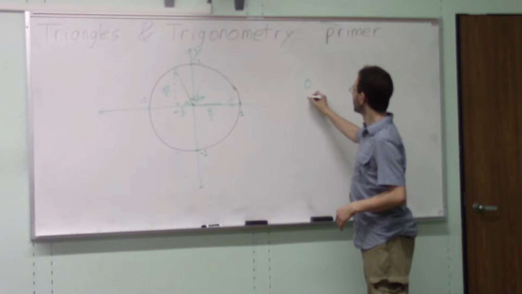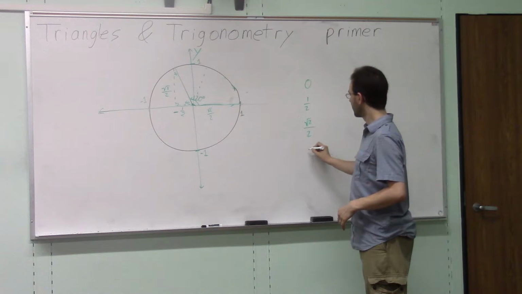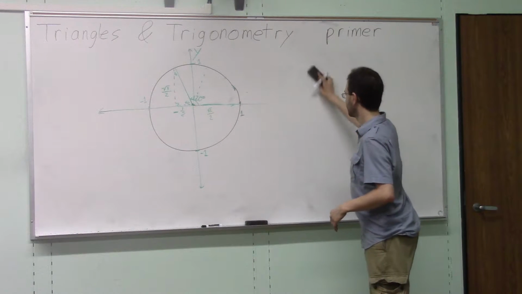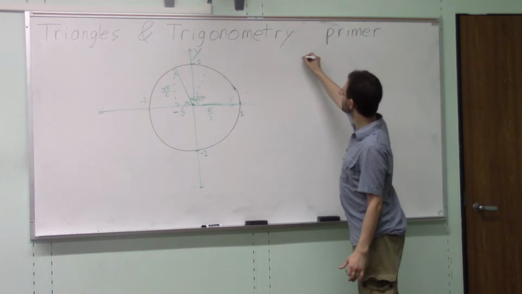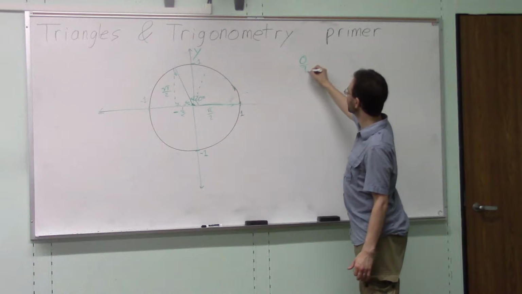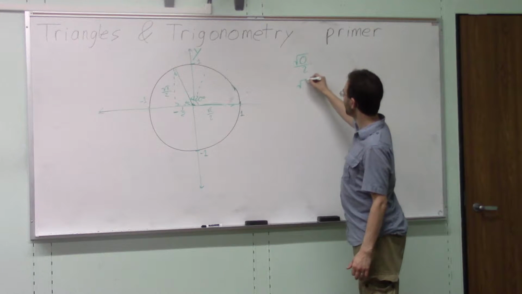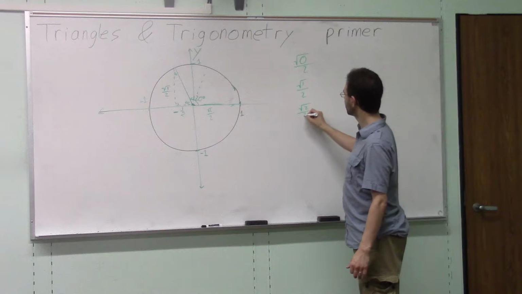0, 1 over 2, root 2 over 2, root 3 over 2. Oh, you know what? I need more space. They all follow this pattern. Root 0 over 2. Root 1 over 2. Root 2 over 2.